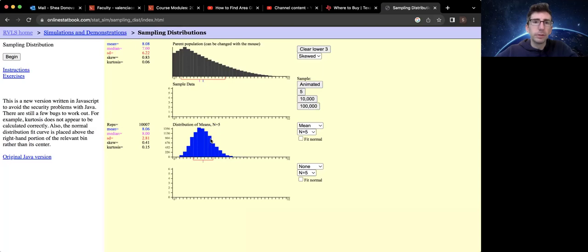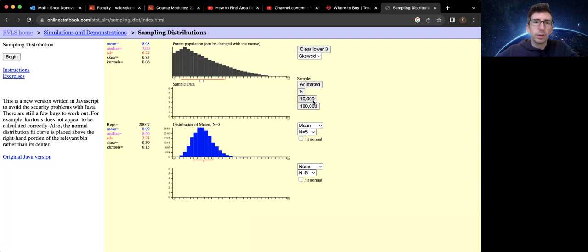The mean of those sample means is already very close to that 8.08. And we can see the standard deviation is much smaller than our parent population, which makes sense because, again, we expect it to be our population standard deviation divided by the square root of n.